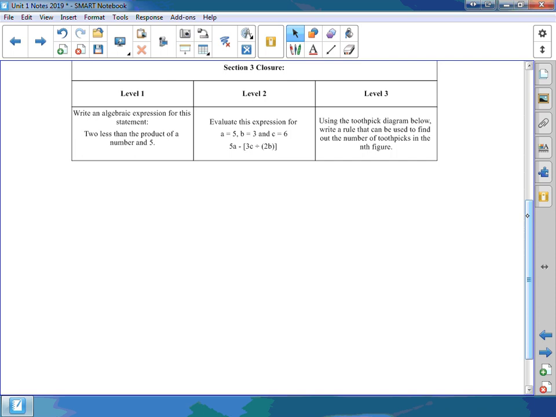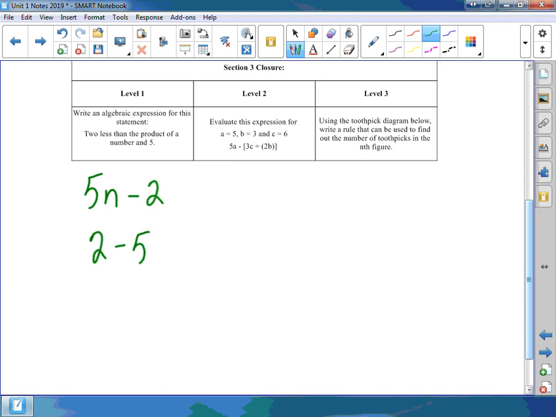Okay, the level 1 value: 2 less than the product of a number and 5. The product of a number and 5 is 5n, and we're taking 2 less than that. So it's 5n minus 2. The mistake I sometimes see is that people will do 2 minus 5n, but that's not saying it's 2 less than the product of 5n.